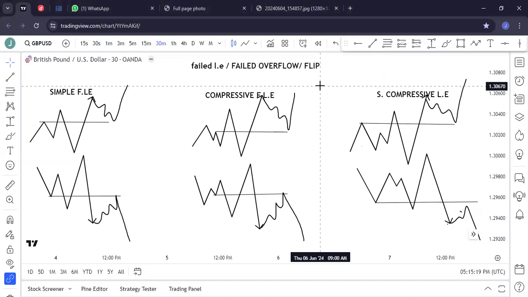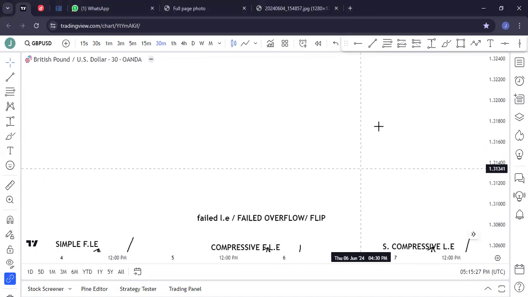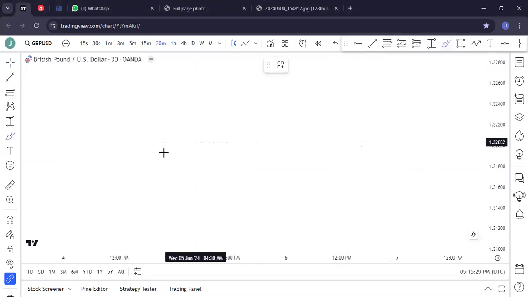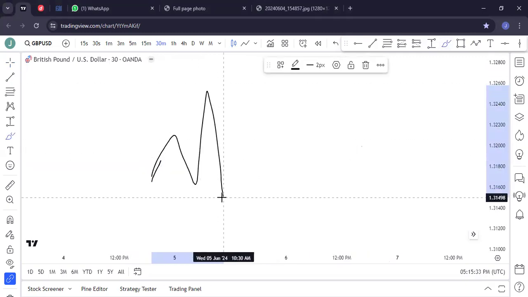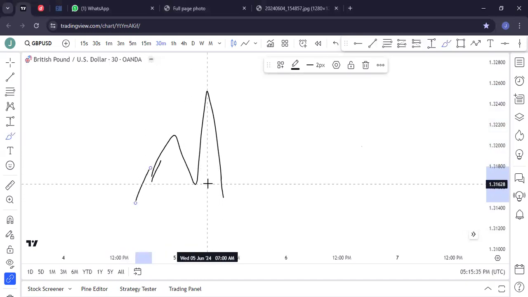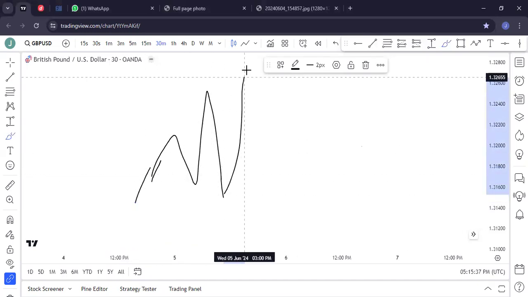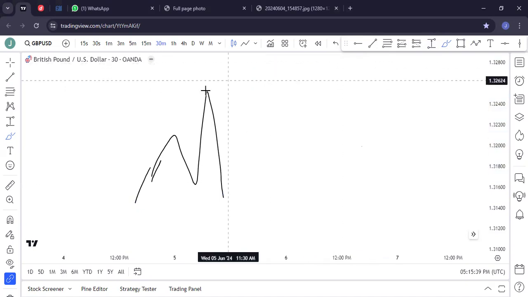So in failed liquidity engineering, the only rule that you have to abide with is that this is our break of structure here and the change of character. So the market, let me draw here properly so that you can understand.